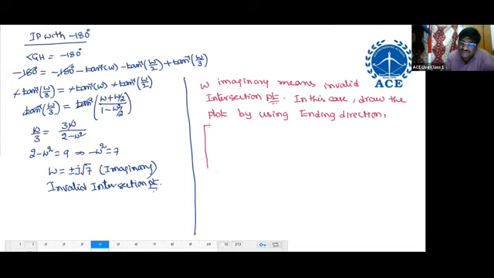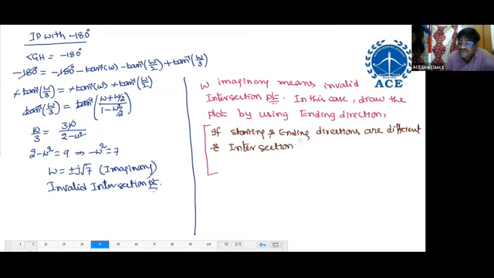If the starting and ending directions are different and the intersection point is imaginary, write in the bracket: invalid point.